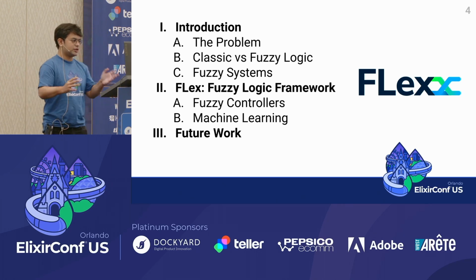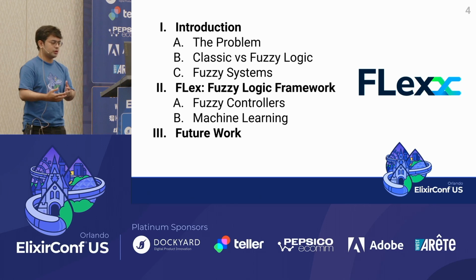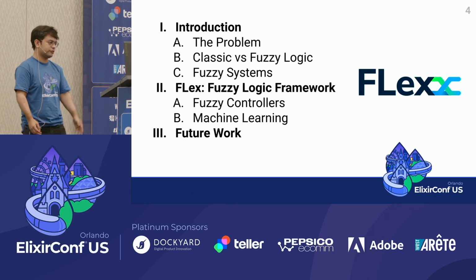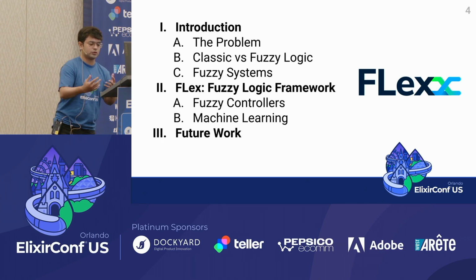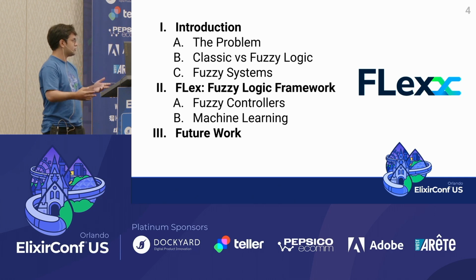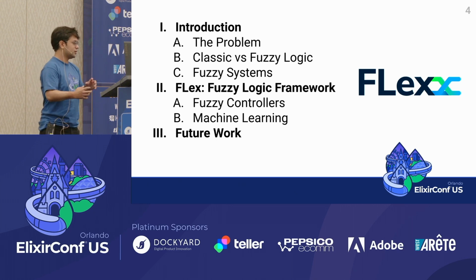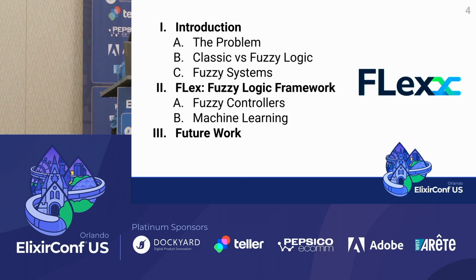With that said, we will next use the library that we developed, which is Flex, fuzzy logic in Elixir, and we will showcase these concepts in Livebook. I will show you how you can create fuzzy controllers and apply machine learning to them, because we're going to discuss the advantages and disadvantages of the framework, and machine learning could help us overcome those disadvantages. And finally, we will discuss future work on the library.